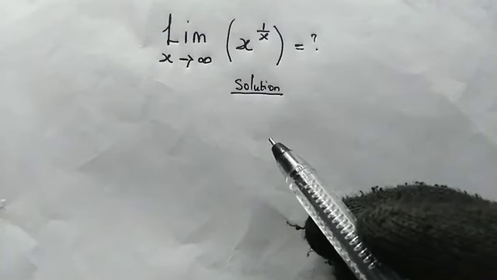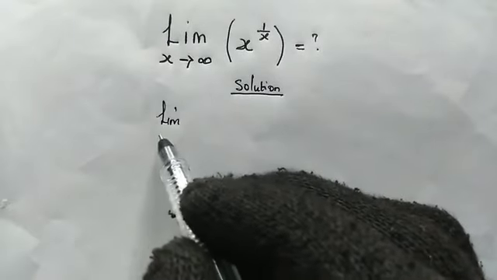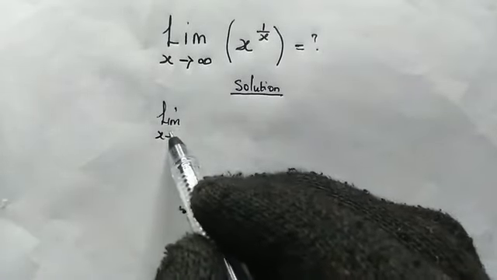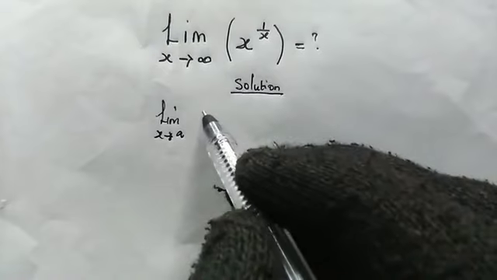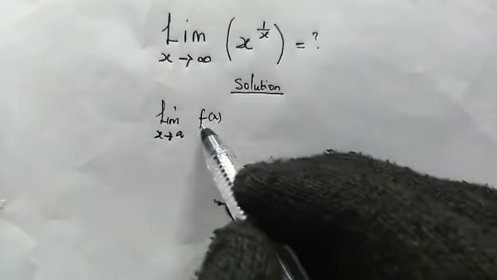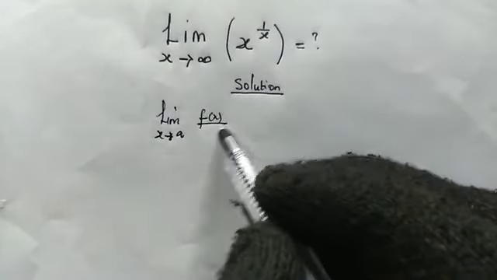Now, let's assume we have the following limit: the limit as x approaches a of a function of x divided by another function of x.